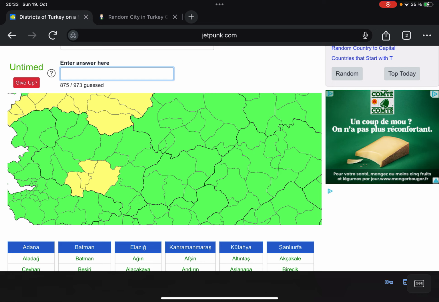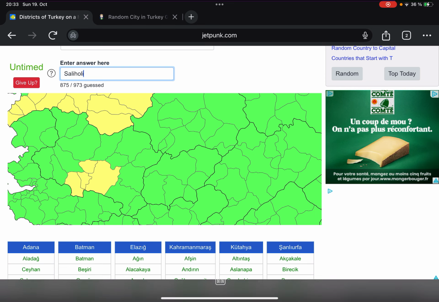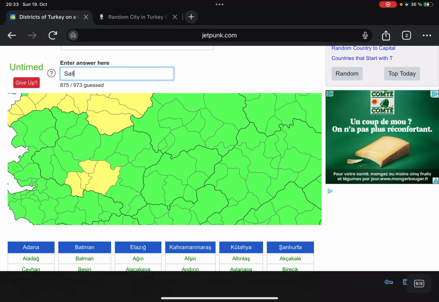Alaşehir, Salihli, Ahmetli, Turgutlu, and Gölmarmara.